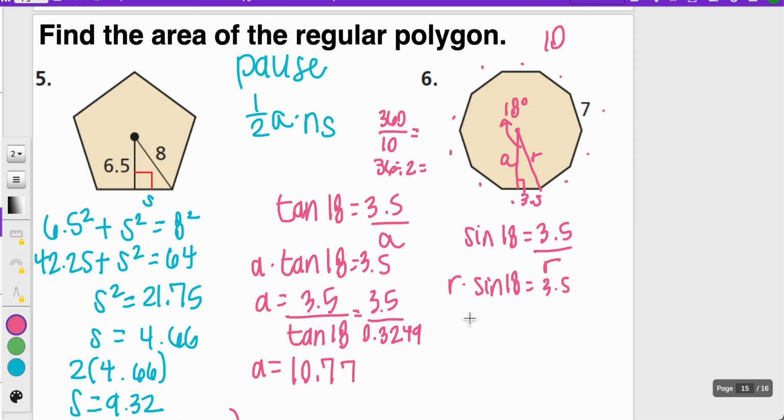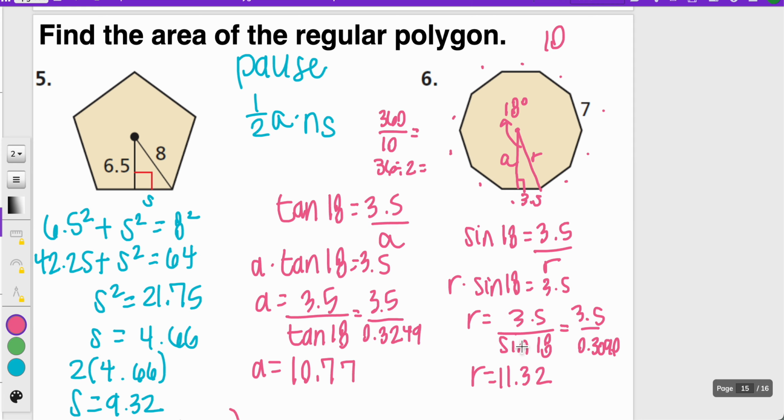So r can be found by doing 3.5 divided by the sine of 18. Okay, so sine of 18 is 0.3090. So let's do 3.5 divided by 0.3090, getting about 11.32. Okay, so that means my radius should be 11.32 according to that.